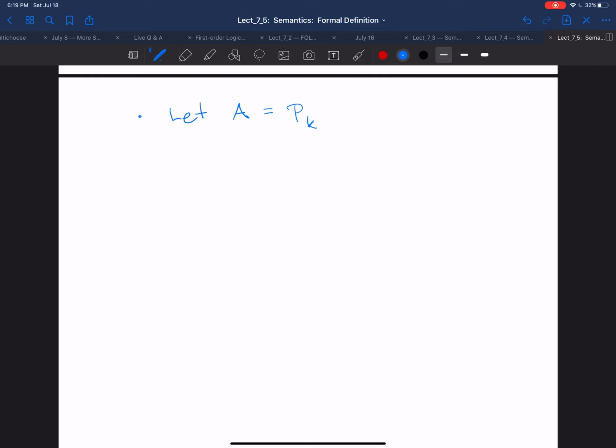So in that case, A has the form, say, P sub k, C1 up to Cn, where these Cn's are either, I'm going to rewrite this as T1 through Tn, because these are really terms. It's better to call these things terms.